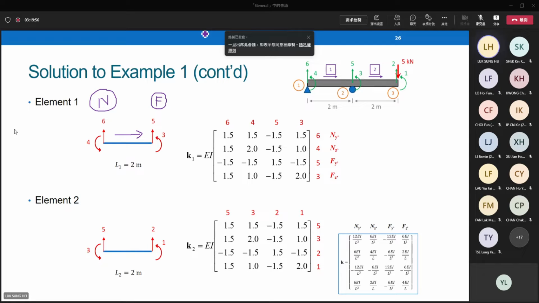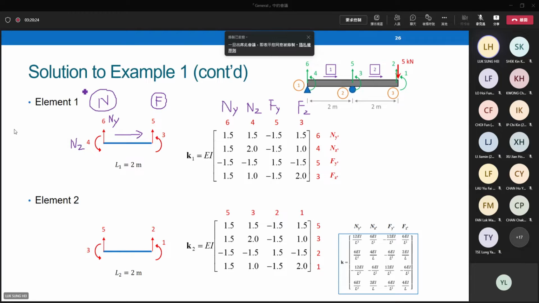When you assign the node code numbers, we start from NY and then NZ, FY, and then FZ. What is NY? NY means near end, Y direction. The corresponding code number is 6. NZ, near end, Z direction.